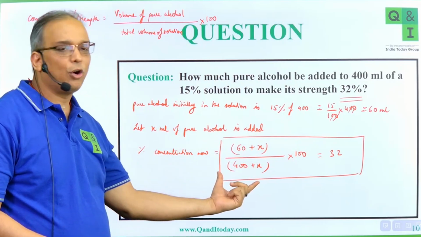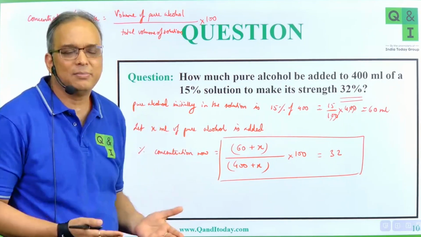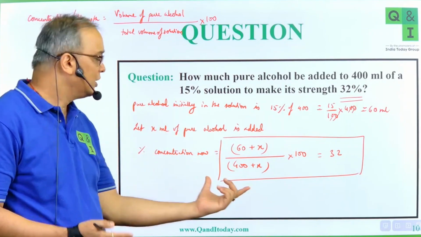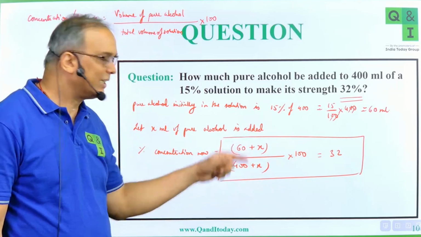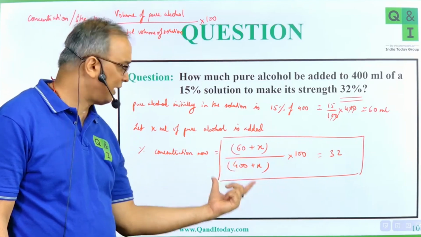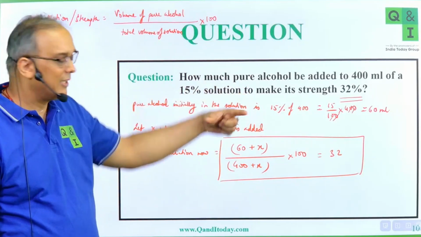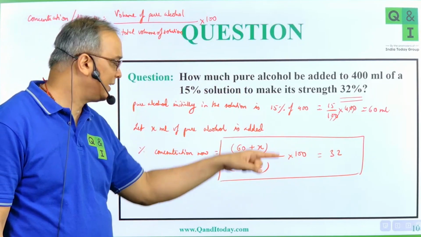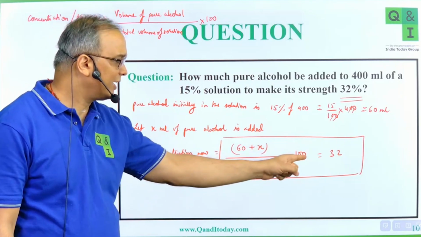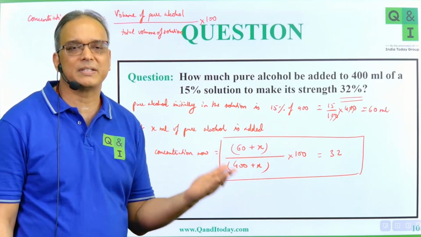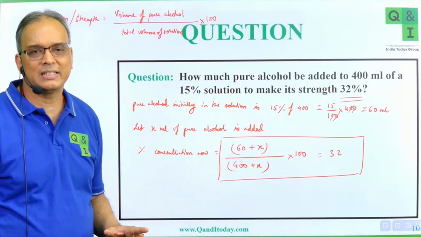Now the total volume of the solution, initially 400 milliliter, and we have added X milliliter of pure alcohol, so total volume will also become 400 plus X. Now the concentration is 60 plus X divided by 400 plus X, into 100, which gives the concentration in percentage, equal to 32% as given in the question.